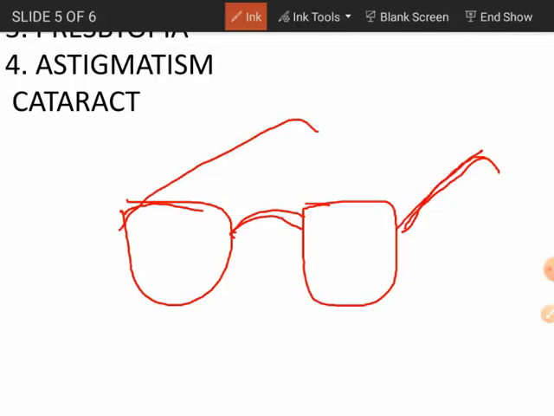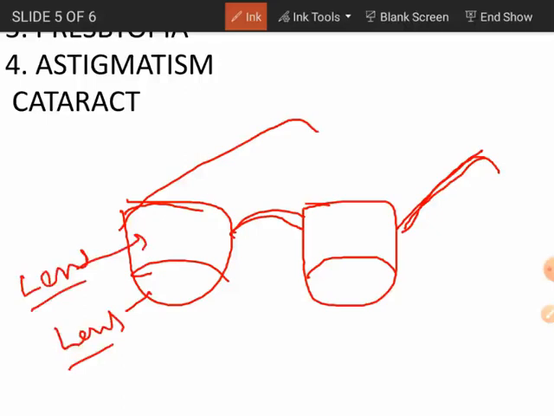Suppose this is the spectacle, then you might have seen different types of lenses used in the same spectacle. We call that type of lens a bifocal lens. This lower part is also a lens, the upper part is also a lens. So they are using two types of lenses, and we call them bifocal lenses.